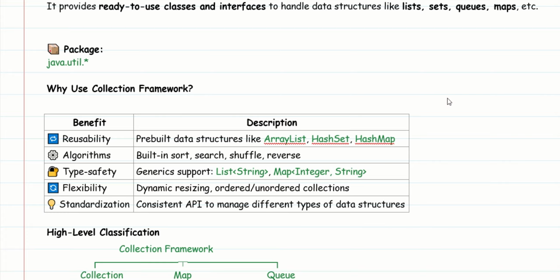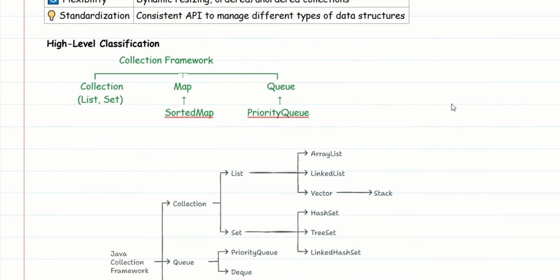So let's see the hierarchy here. Basically, the collections framework has three interfaces, like Collection, Map, and Queue. The Collection and Map interfaces are part of the collections framework, but they are two separate verticals.